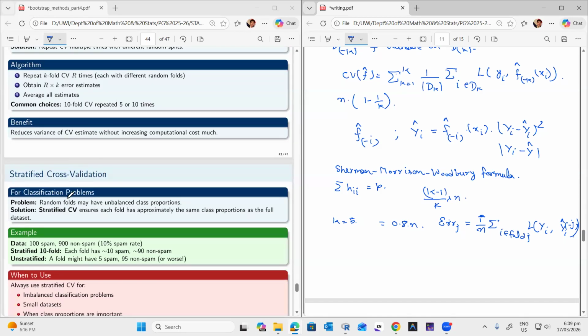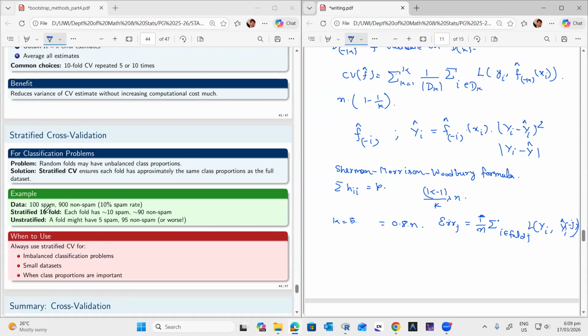stratified cross validation method. In that one, random folds may have unbalanced class proportions. So stratified ensures that each fold has approximately the same class proportions as the full data set. For example, if 100 are spam and 900 are non-spam, so a 10% spam rate is there.